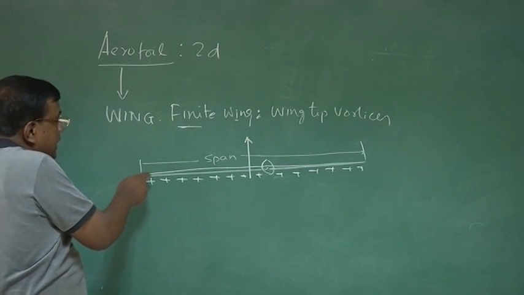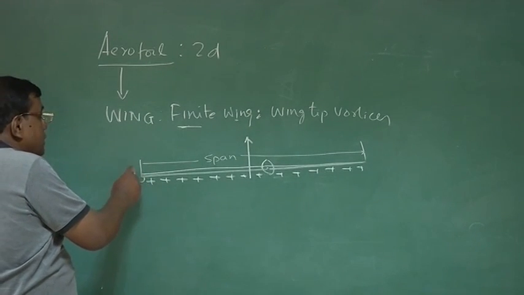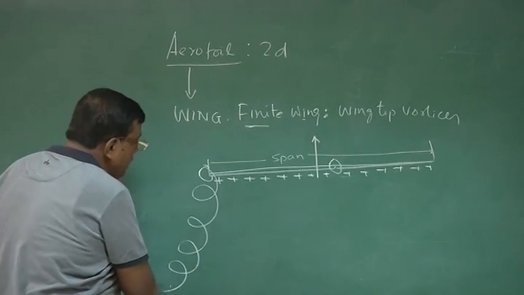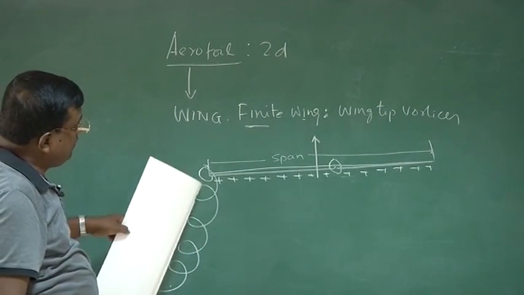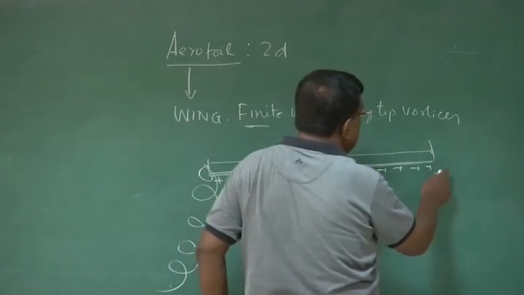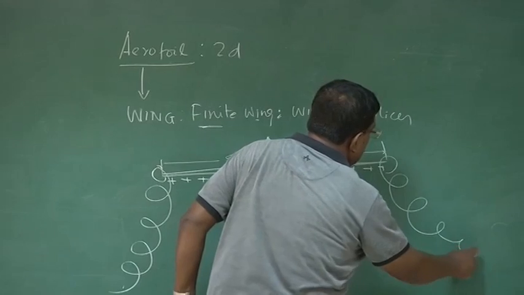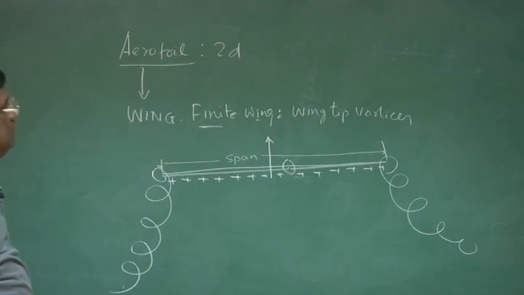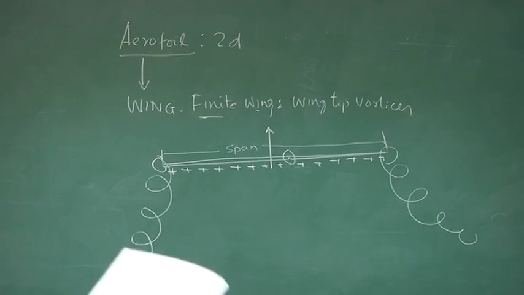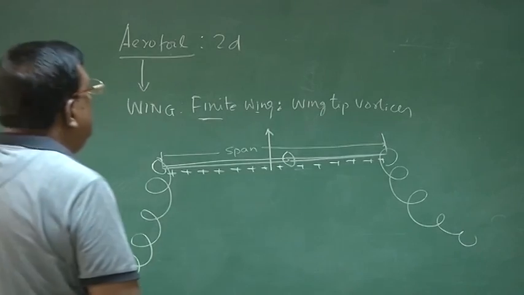So what is happening at the tip? Because this is high pressure, flow will go like this, and they form vortices which draw rotational kinetic energy from the energy of the airplane, and hence energy is lost and it affects the speed. So we call it drag because of these vortices, or we call these induced drag.